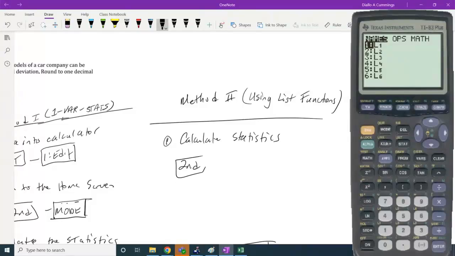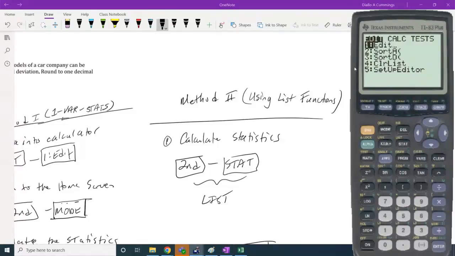I hit second, and now I'm going to hit stat. These things together make a list. They actually are calling up this list function. I'm going to scroll. This is what you should see when you hit second and stat.